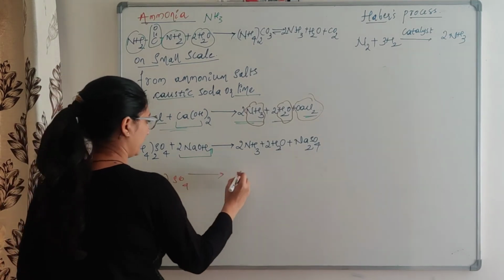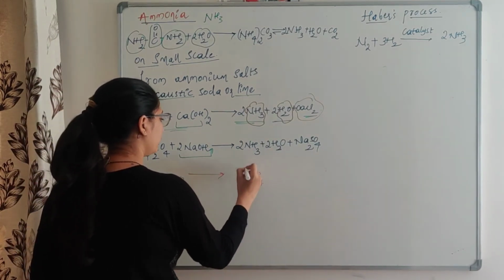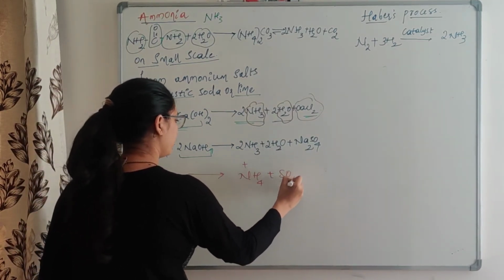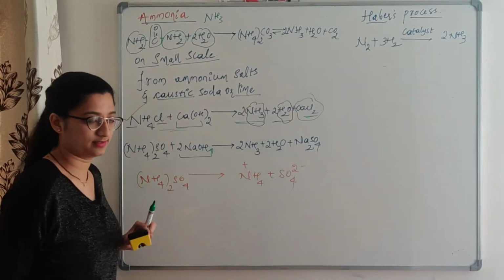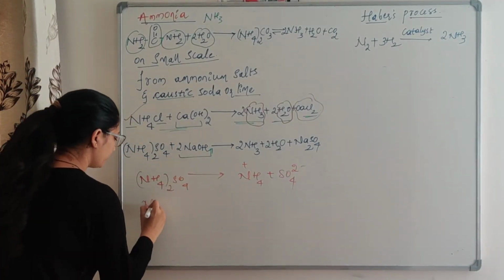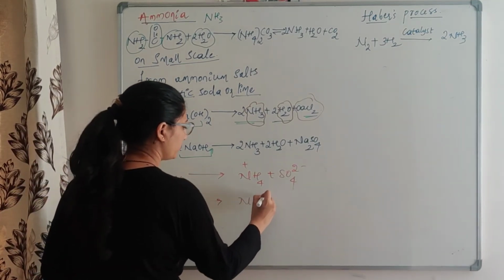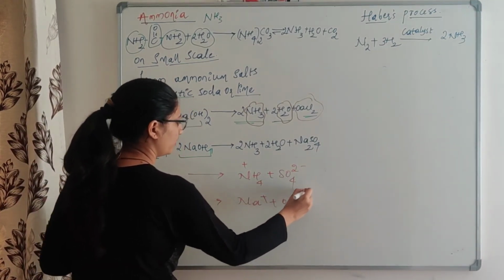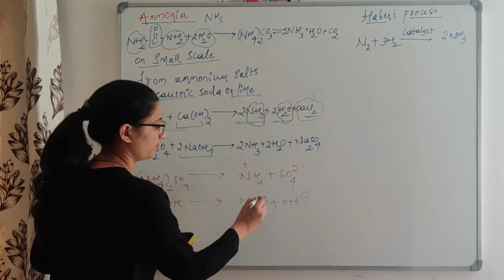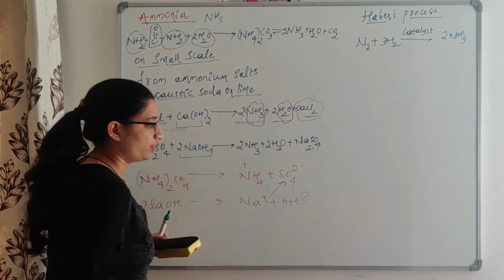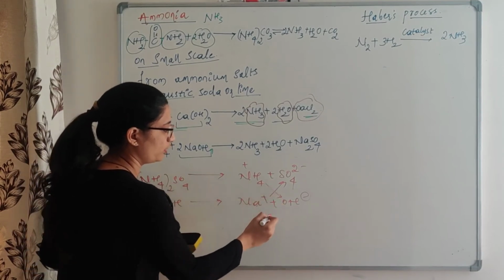You just write that down. So here NH4 plus and SO4 2 minus. From NaOH, the two important ions are Na plus and OH minus. Very important. Positive and negative ion you have to combine.